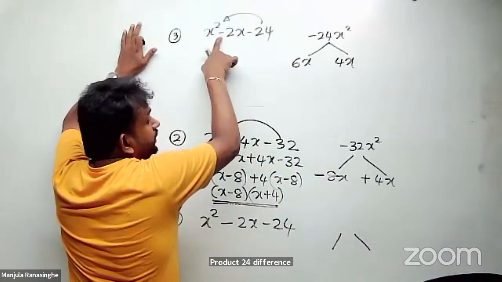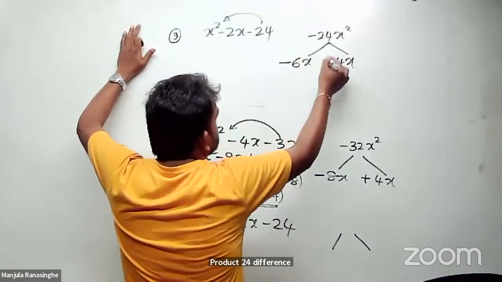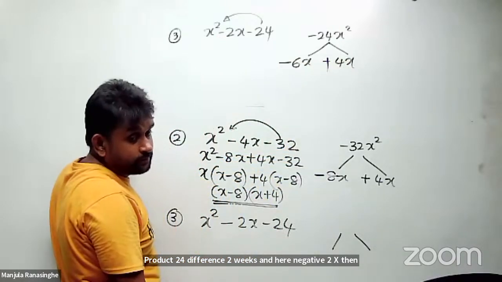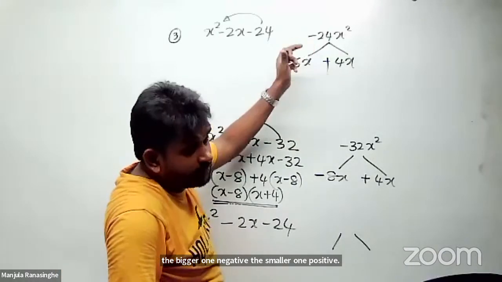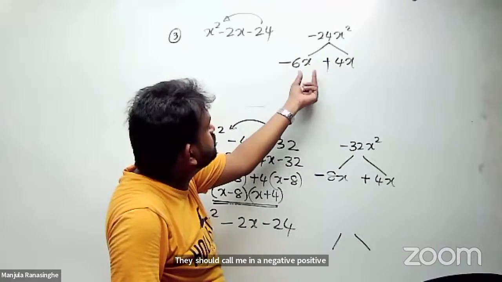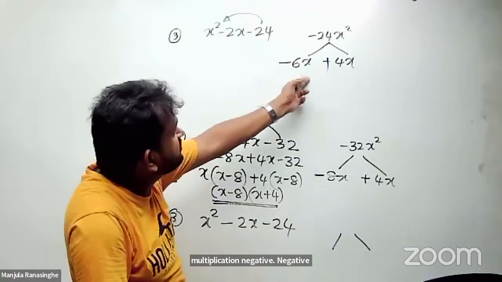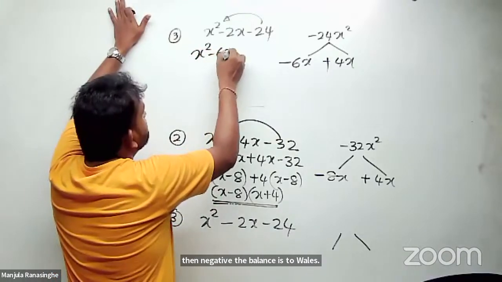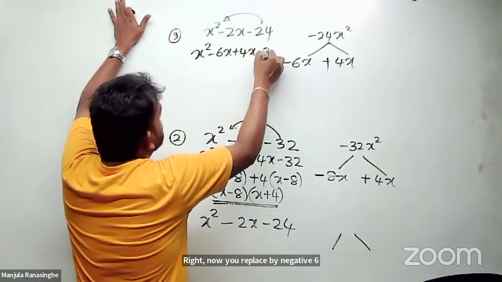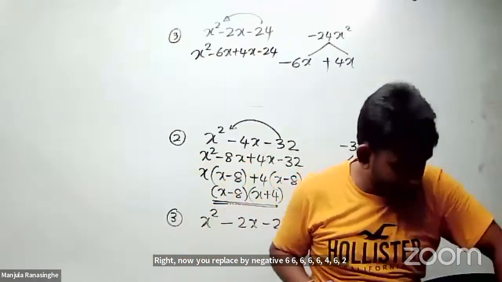And here negative 2x. Then the bigger one is negative, the smaller one positive. Negative means positive-negative multiplication, negative sum, so negative bigger. The balance is 2x. Right. Now you replace by negative 6x, positive 4x, negative 24.